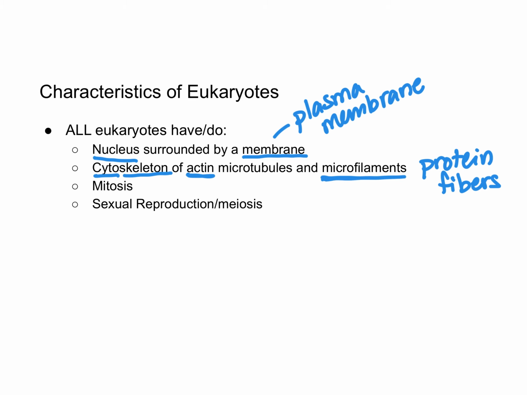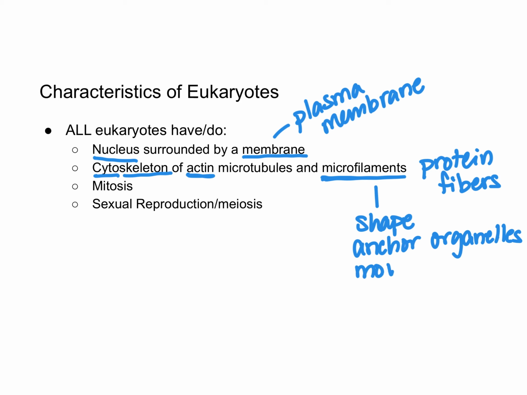The main functions of these: they help to give the cell some shape, they help to anchor organelles in place, they may allow for the movement of organelles, and they may be involved in the movement of the cell as a whole.